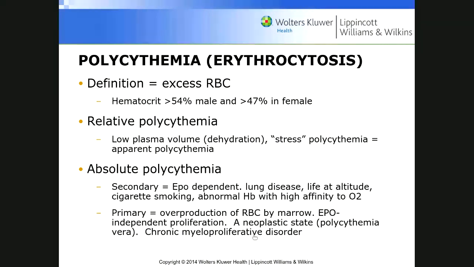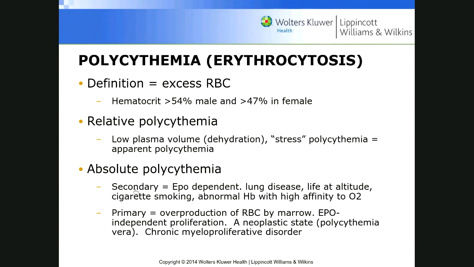There's also essential thrombocythemia, which is a lot of thrombocytes that you can see. And that's all part of the proliferative disorders. And then another one, CML, chronic myelogenous leukemia, which is usually a translocation of chromosomes 9 and 22. We're going to talk about that next week.